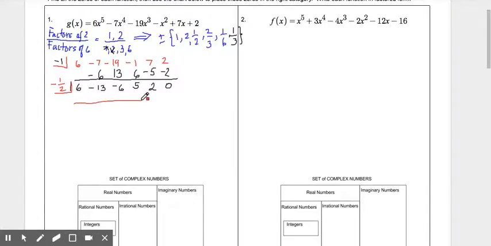So, okay. So let's bring down 6. 6 times -1/2 is -3. -13 minus 3 is -16. -16 times -1/2 is 8. Half of 16 is 8. So -6 plus 8 is 2. 2 times -1/2 is -1. 5 plus -1 is 4.